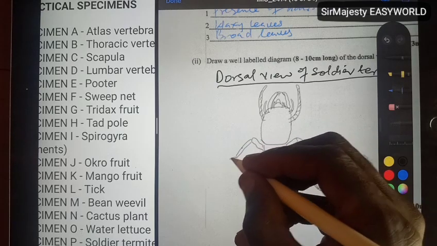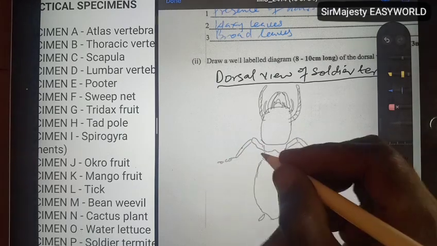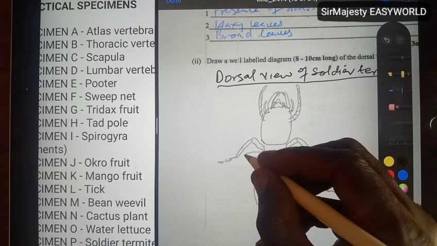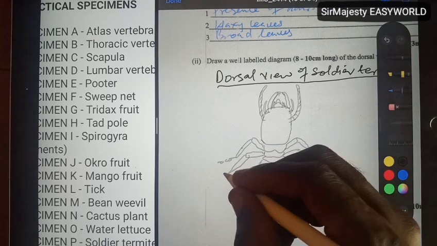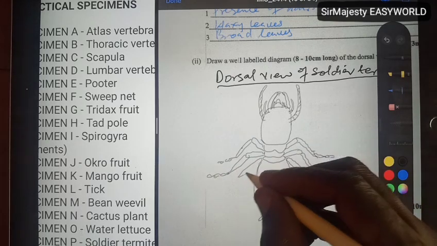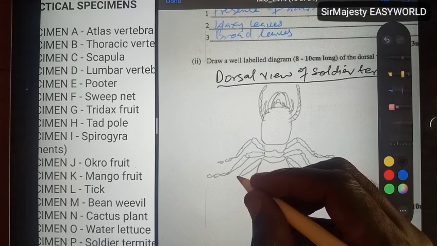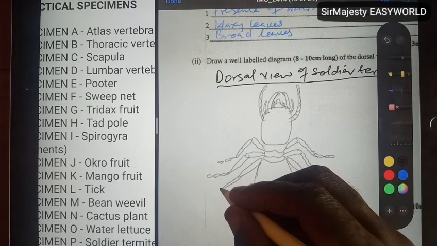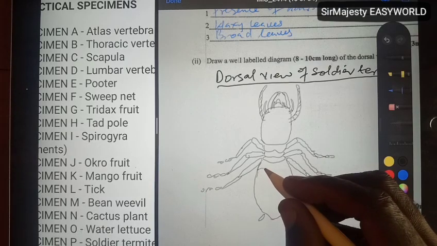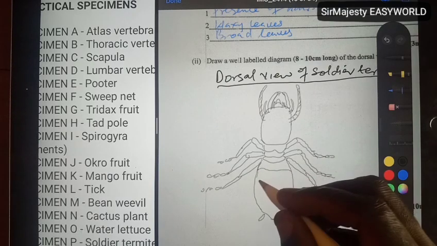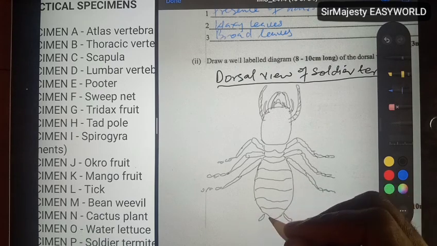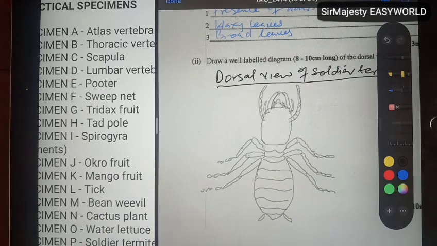Tibia, tarsus, jointed more. So then, don't forget to segment your drawing. So this is it. You have your job done.